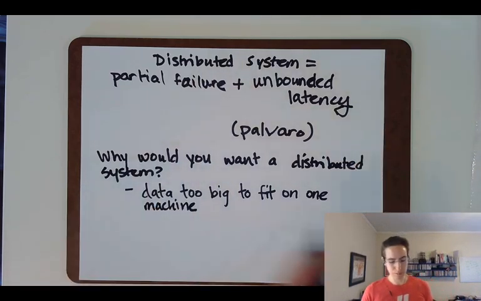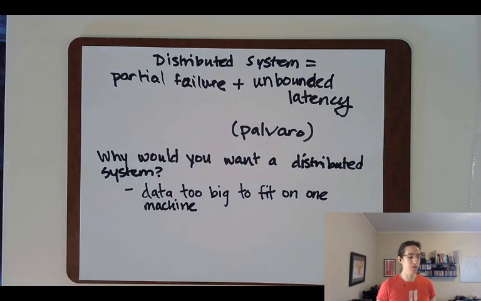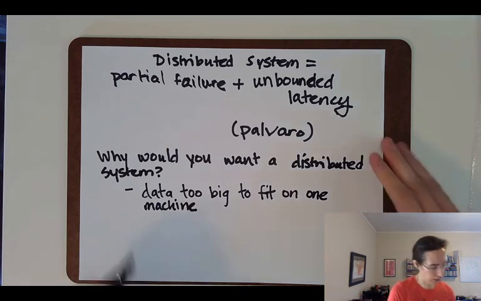So if you have more data than can even fit on one machine, then you need to have a distributed system. If you're Google, you have no choice but to do distributed computing all day, every day. And the other possibility is that even if you aren't dealing with data at that scale, maybe you want to make things faster.